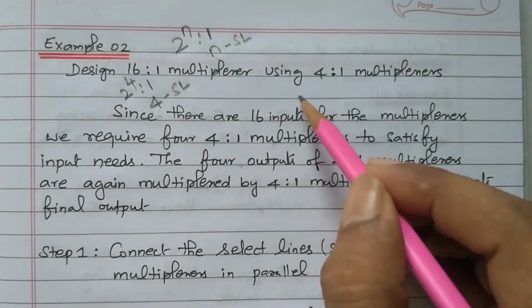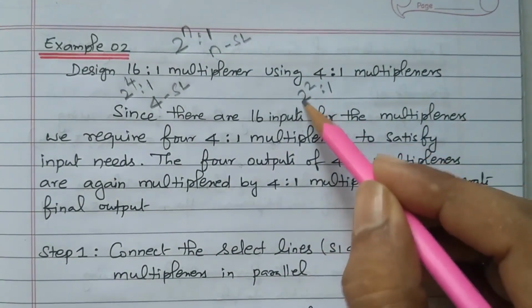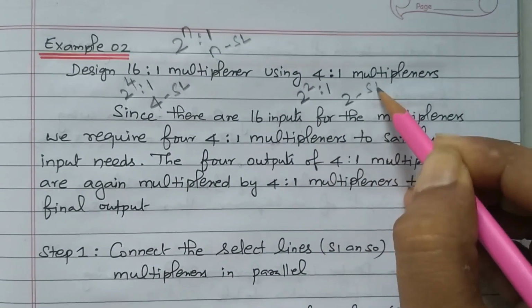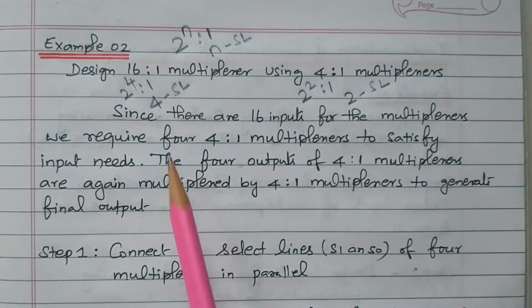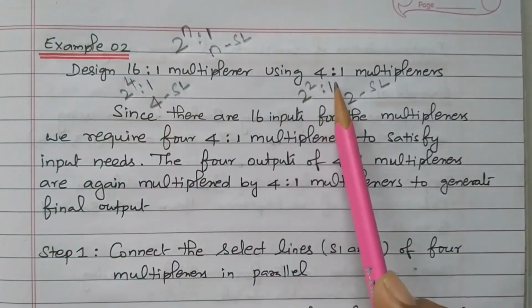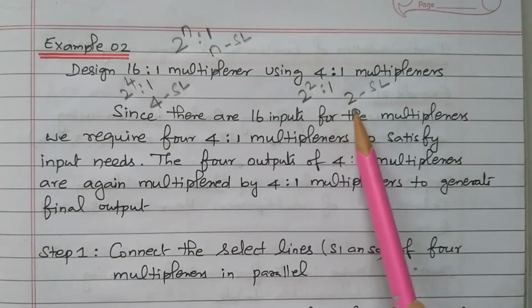The 4:1 means 2 to the power 2:1, that is 4 inputs and 1 output. 2 to the power 2 means 2 selection lines are available, right? So here 16 inputs, 1 output, 4 selection lines. Here we have 4 inputs and 1 output with 2 selection lines.